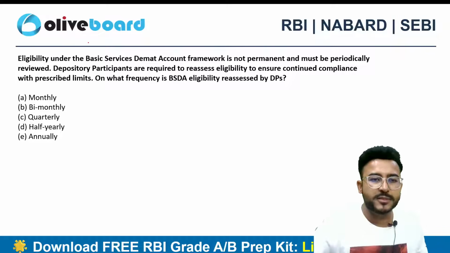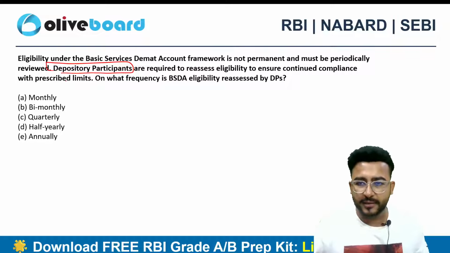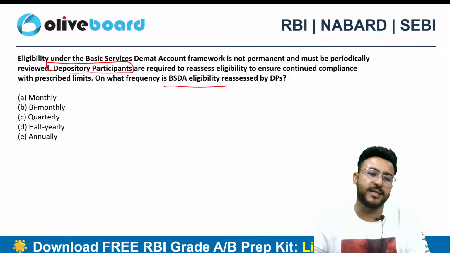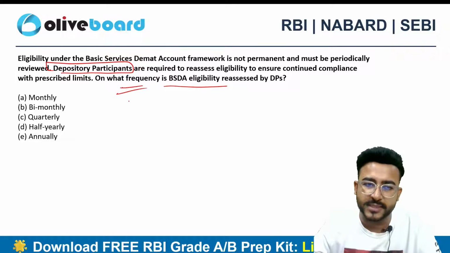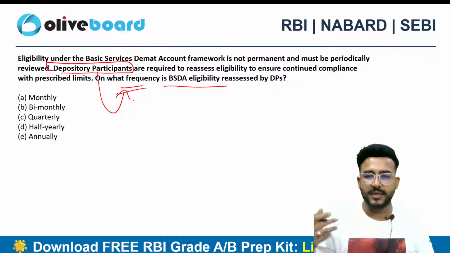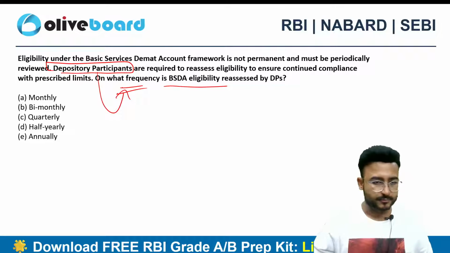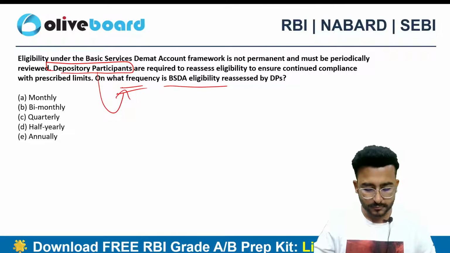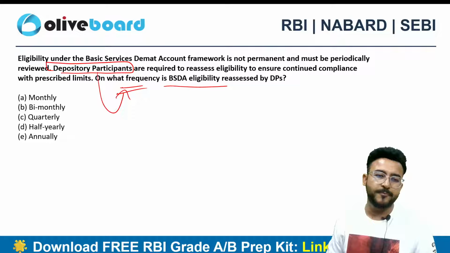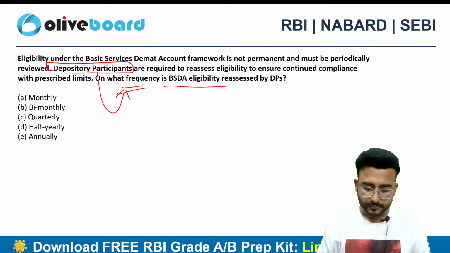Now, the depository participants are required to check again and again the assessment of the BSDA eligibility. Can you tell me the frequency at which the depository participant needs to check the BSDA eligibility? Monthly, bi-monthly, quarterly, half-yearly, annually?